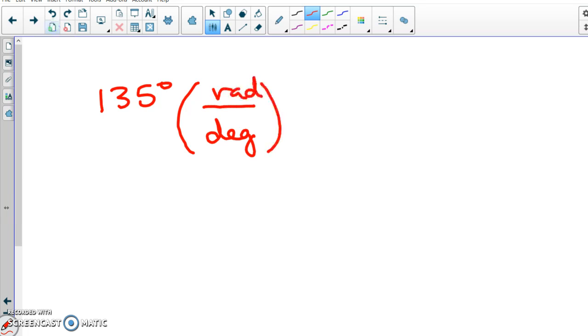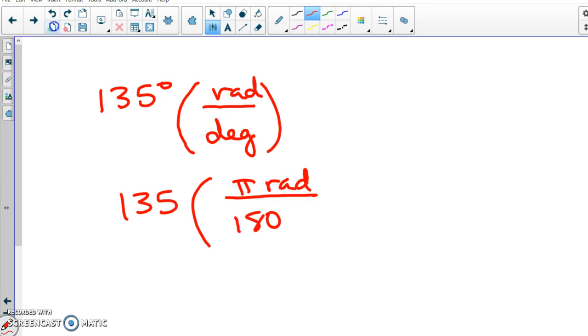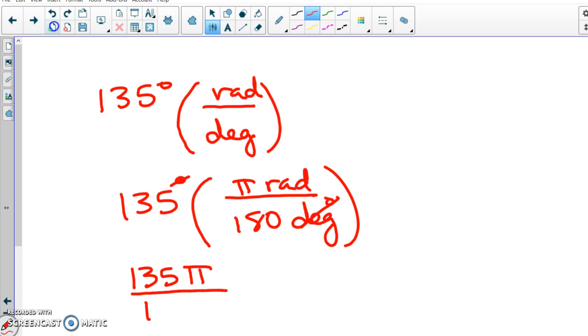So we take that simple fact that pi radians equals 180 degrees, and we will see degrees canceling out, and we're left with 135 pi over 180, and this gives us the unit radians, and that simplifies to 3/4 pi radians.